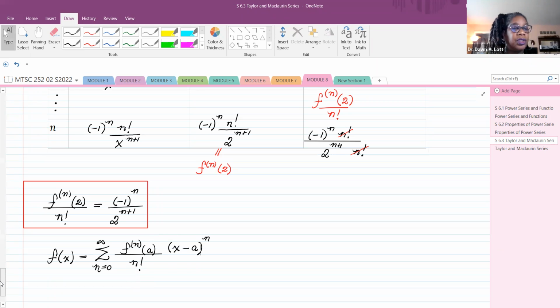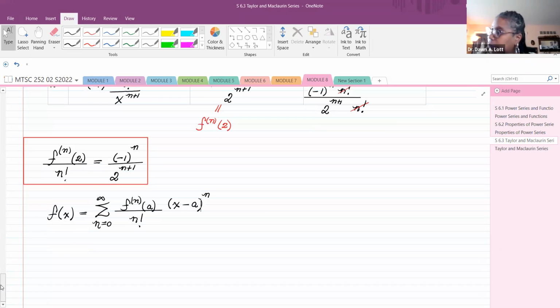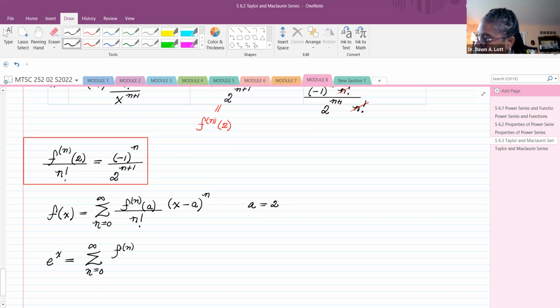And we know a is 2. So I get e to the x, the sum n equals 0 to infinity of the nth derivative at 2 divided by n factorial times x minus 2 to the n.